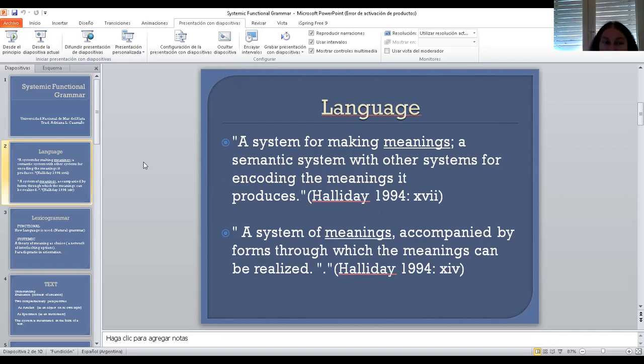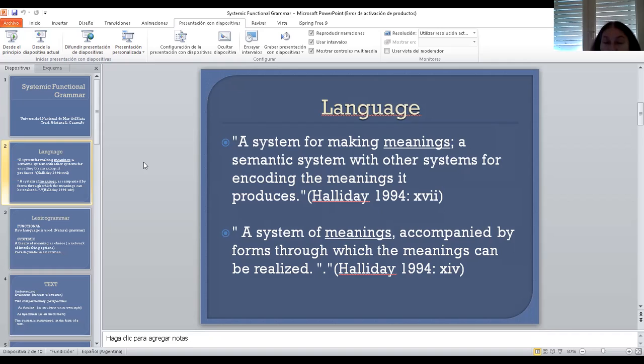It is a systemic functional grammar, and it has an idea of language, a definition, a conception of language, which goes, and I'm quoting here, a system for making meanings, a semantic system with other systems for encoding the meanings it produces.